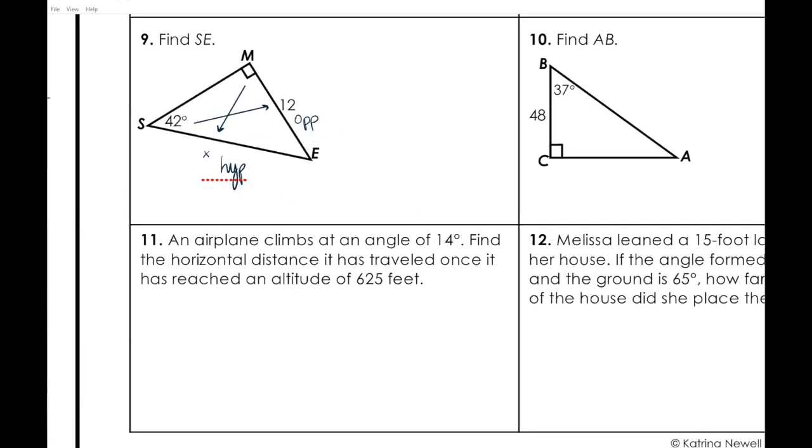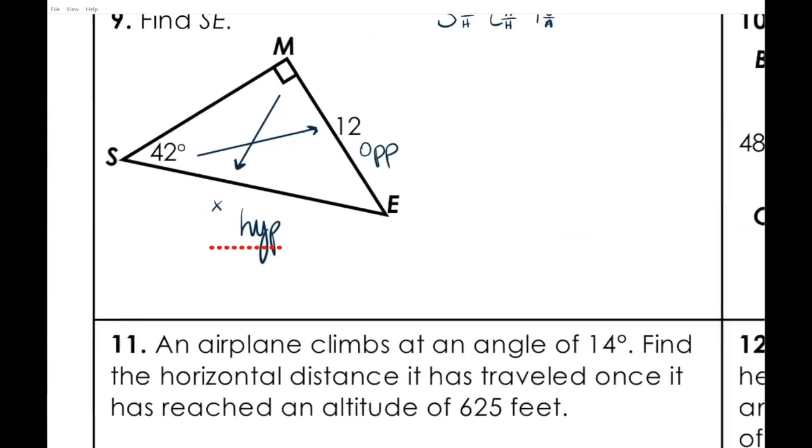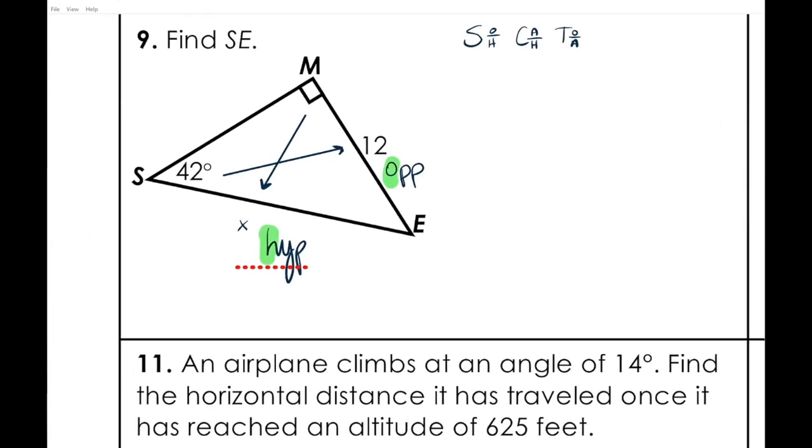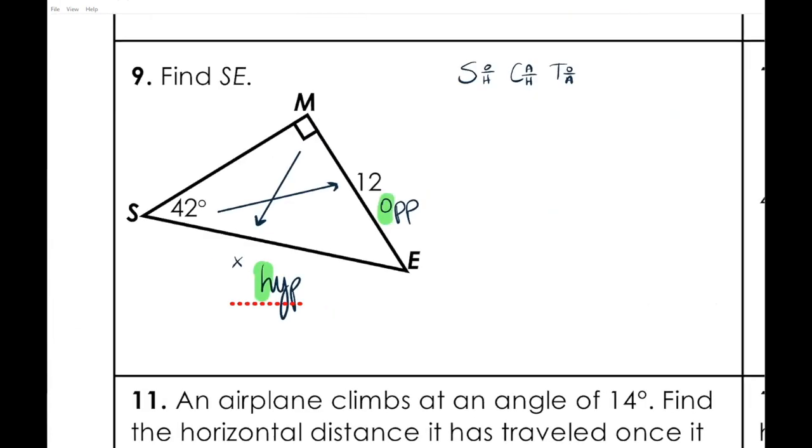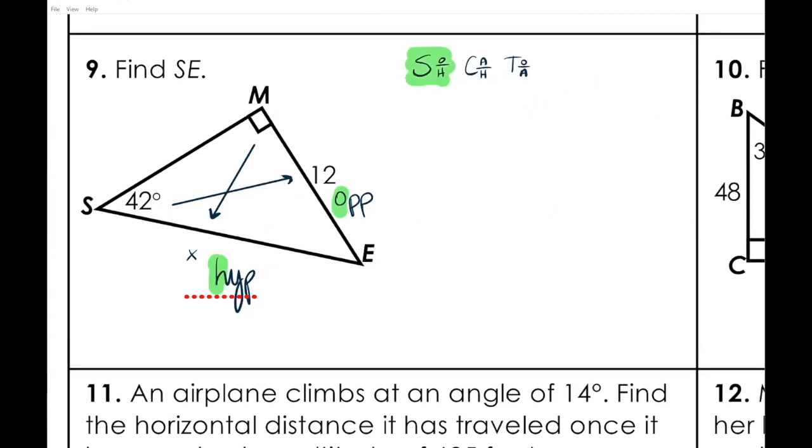Okay. So, SOH CAH TOA. Identify what we have. I've got an O and I've got an H. So we are using sine.